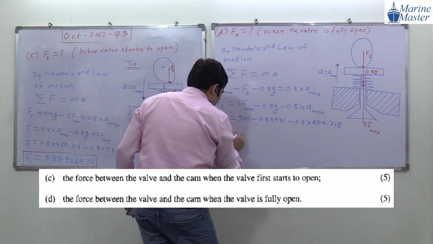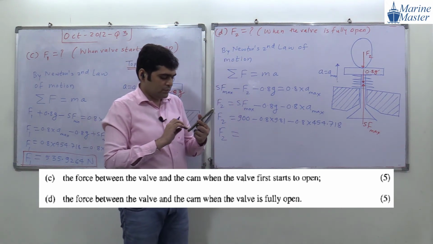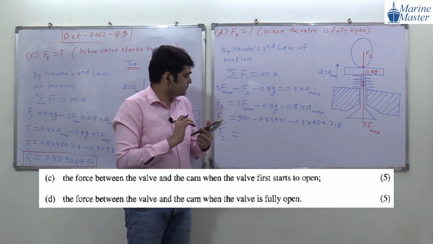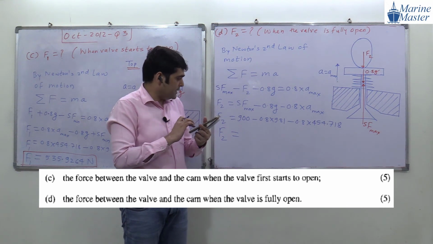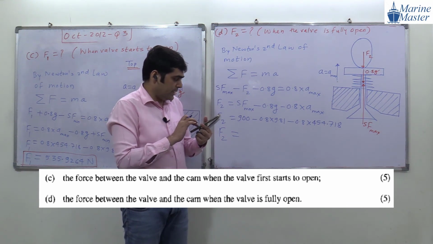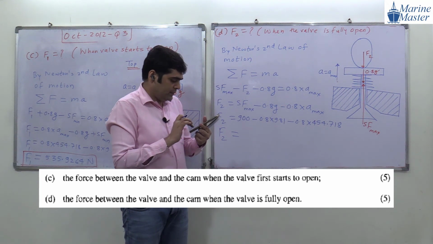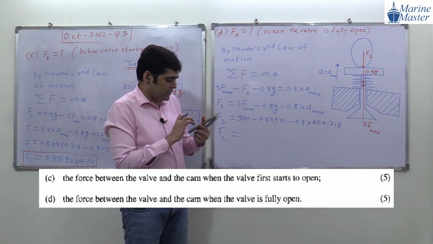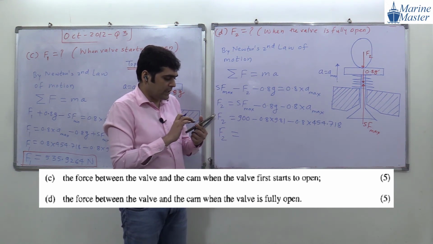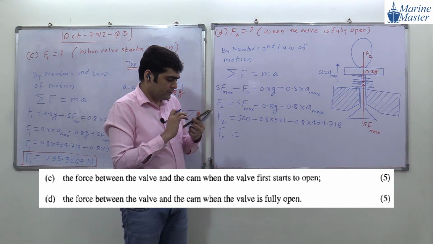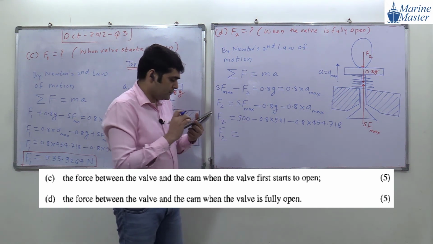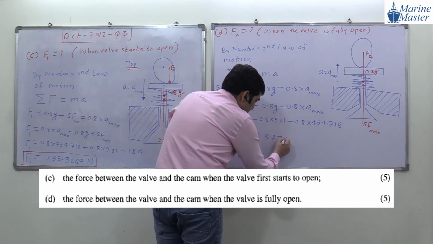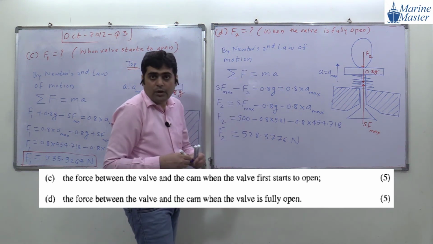So F2 will be equal to 900 minus 0.8 into 9.81 minus 0.8 into A max. How much A max did we calculate? 454.718. How much value are we getting, everyone? 528.3776 Newton.